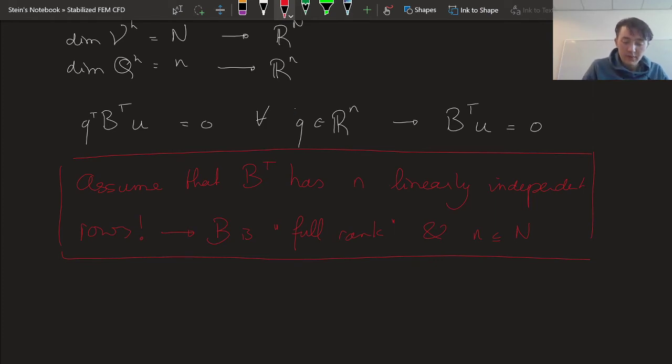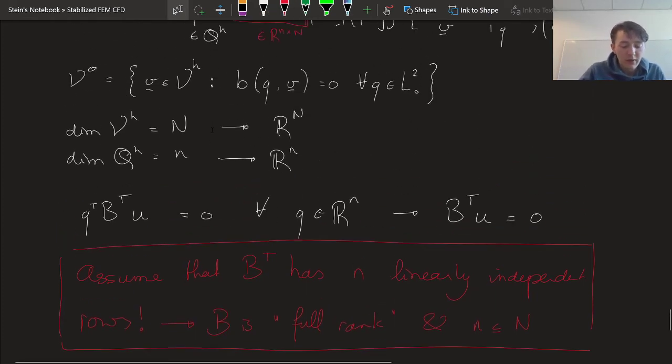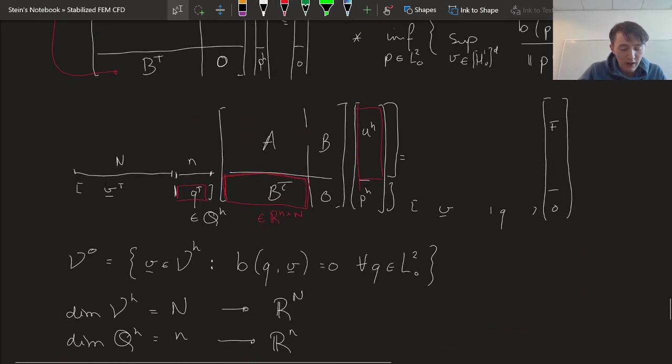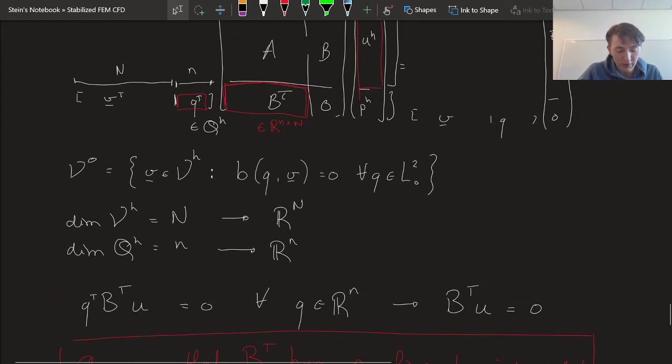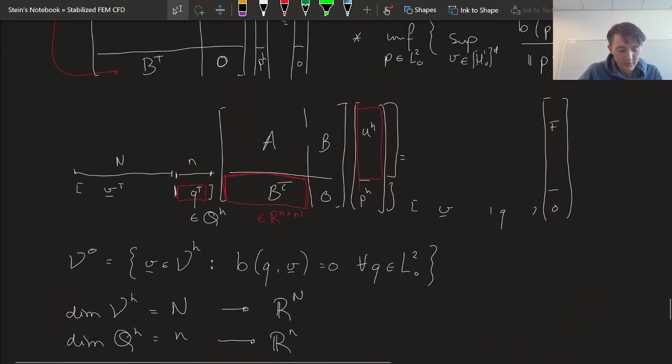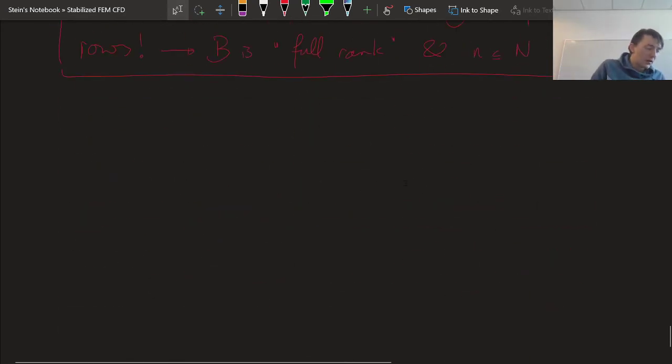Okay. Now let me start talking about the other space. We talked a little bit about the space Q here, and let me now talk about the space V. So the space for our test functions V and the space for our trial functions U. So again, we're talking about linear algebra here.